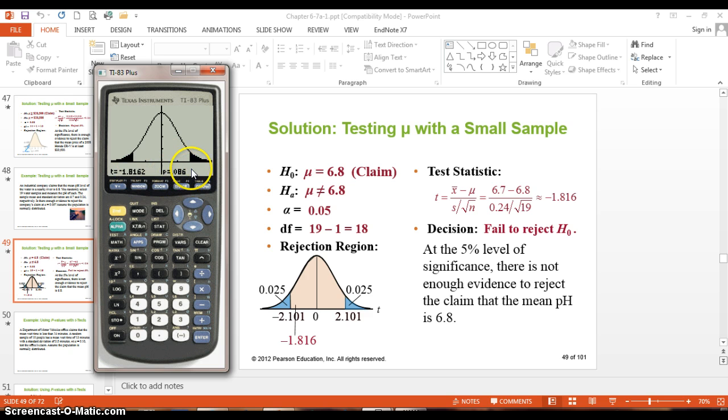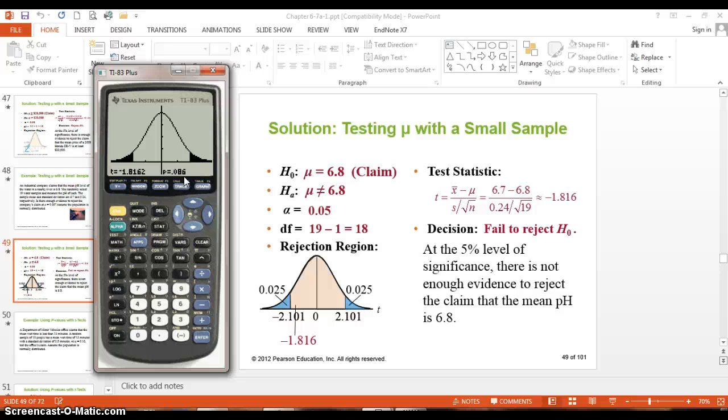And our p-value, we are told, is 0.086. So if we decided to use the p-value approach, my p-value has to be smaller than alpha to reject H0. Well, 0.086 is not smaller than 0.05, so I still can't reject the null hypothesis. So again, I don't have enough evidence to get rid of the idea that the mean pH is 6.8.